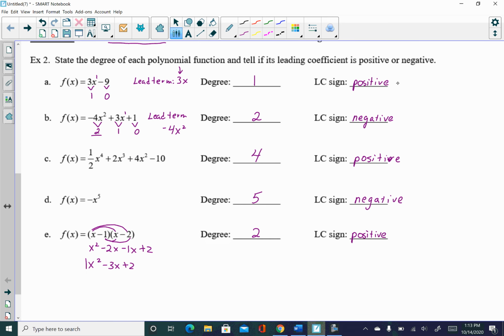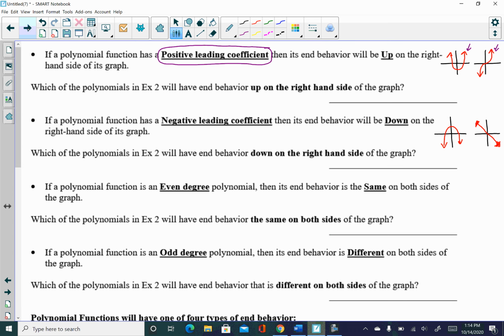That was letter A, letter C, and letter E. All of those had positive leading coefficients. If we were to start graphing these in our calculator, we would see that all three of those would be ending up on the right-hand side. So A, C, and E.